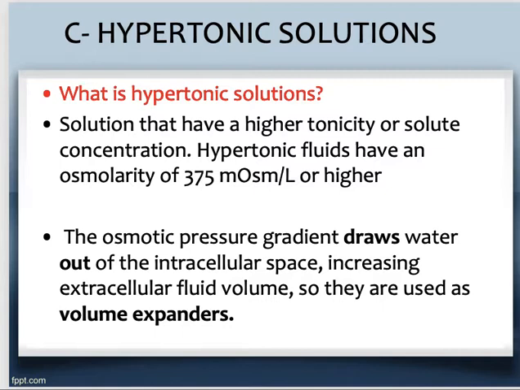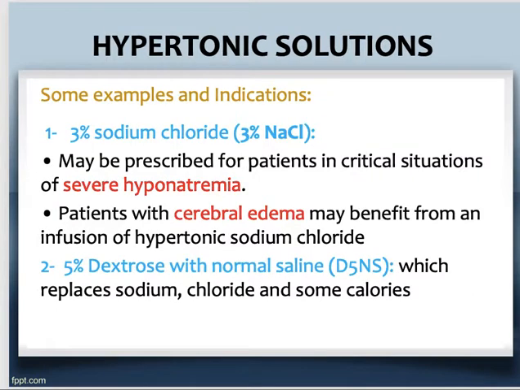Okay. So now some of the examples, again the story is the same. Normal saline is 0.9% normal saline. Anything more than that will become hypertonic saline, for example, 3% sodium chloride. Anyone who has severe hyponatremia, their sodium is very low, so of course we have to fix the sodium.